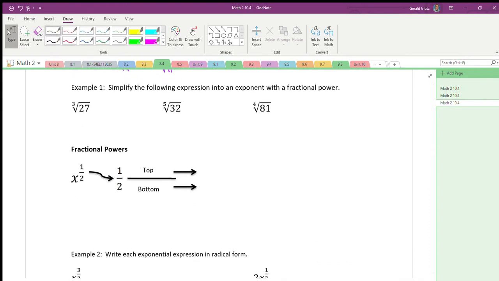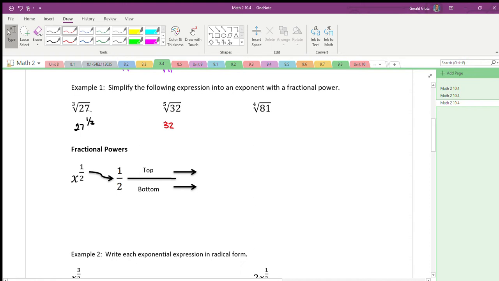So example 1, simplify the following into an exponent with a fractional power. Exponential form is the way I say it. So 27, what power does 27 have? 1. And then what's the root? 1/3. We could simplify this, but it just wants us to put it in this form. We could simplify all of these, but we're just putting them in exponential form so you guys see what that looks like.